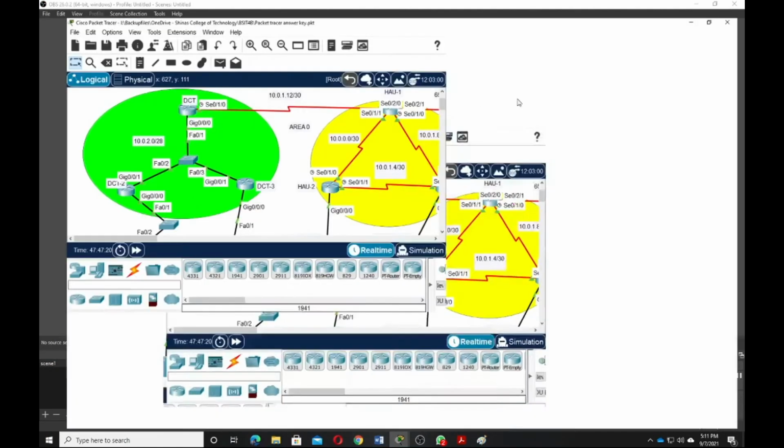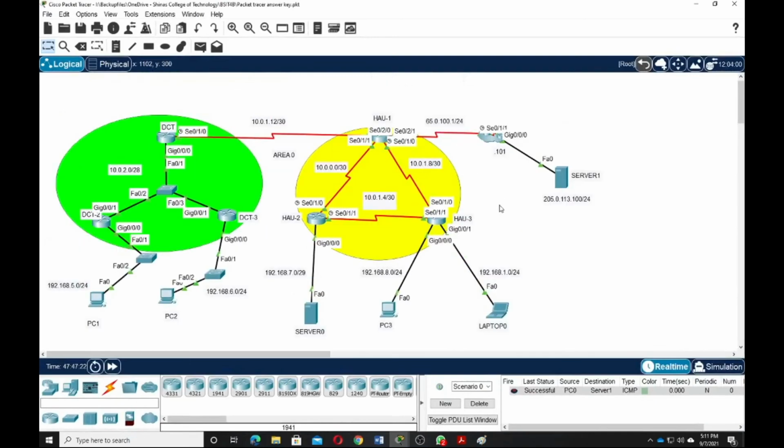Alright, so if we're going to check, let's say I made a packet here. Okay, so they are connecting.